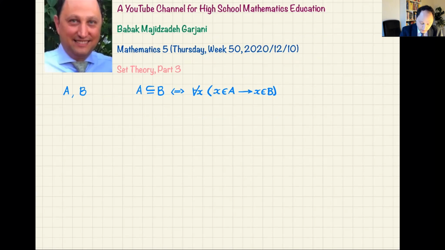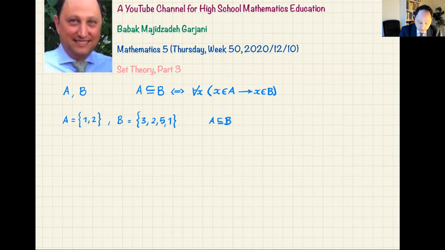For example, if I have a set A, which is {1, 2}, and if I have a set B, which is {3, 2, 5, 1}, then I would say that A is a subset of B. Yes? So why is that the case?